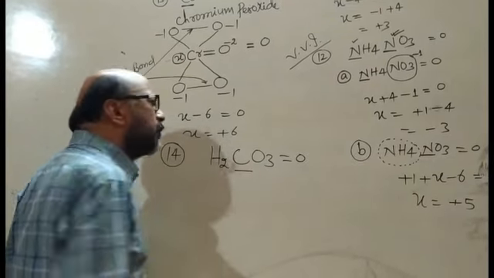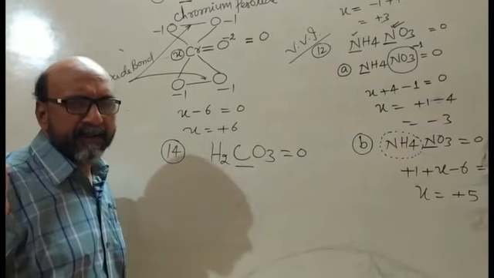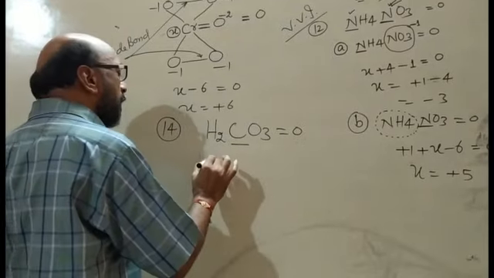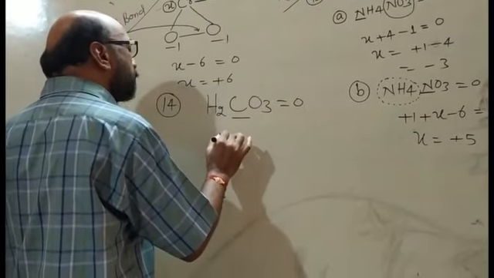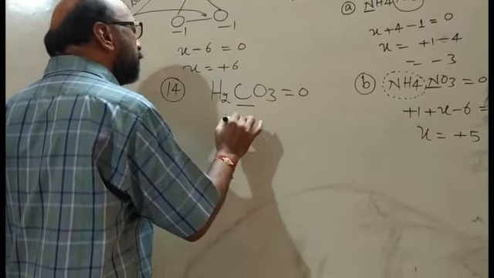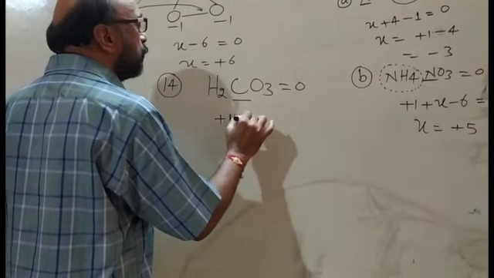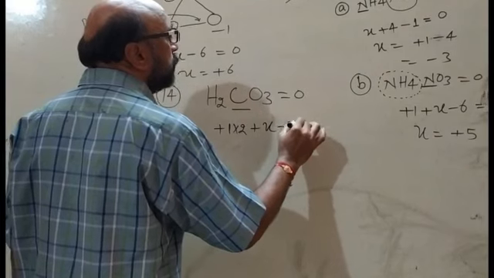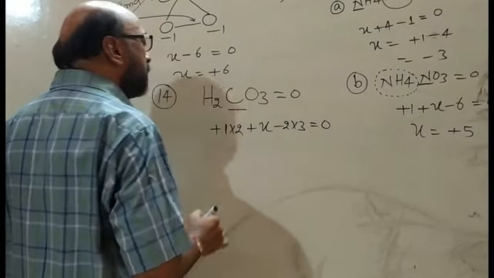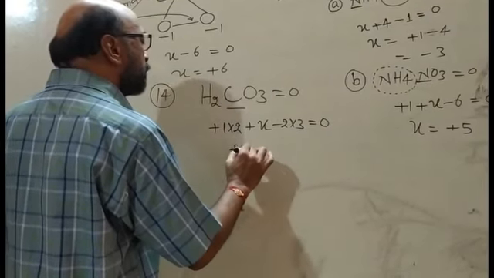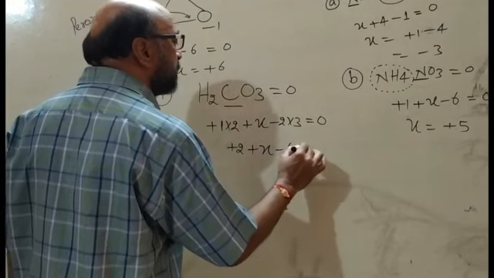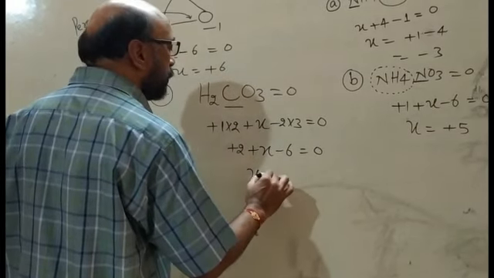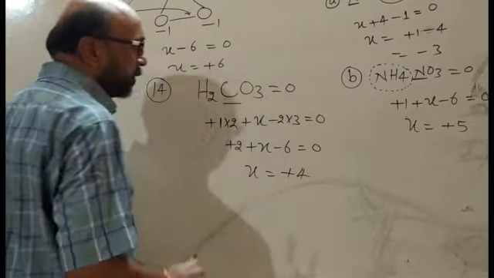This we can calculate simply like the general compounds. There are 2 atoms of hydrogen, so we write +1 into 2 for hydrogen, X for carbon, and -2 into 3 for oxygen, equal to 0. Plus 2 plus X minus 6 is equal to 0. So X is equal to +4.